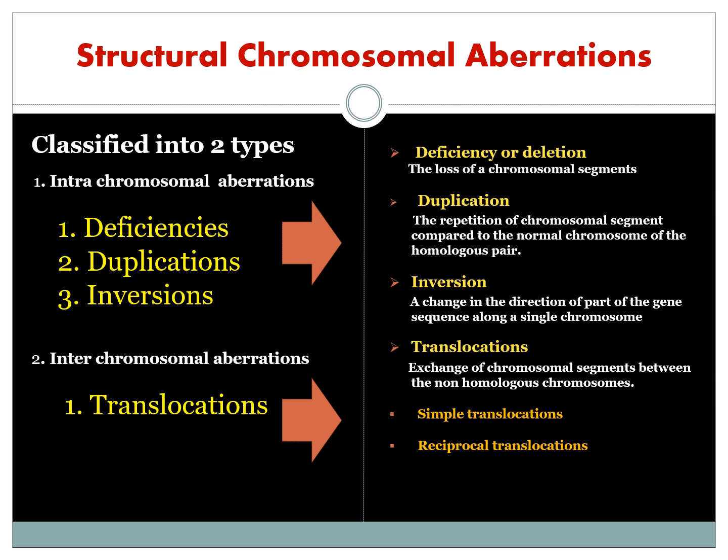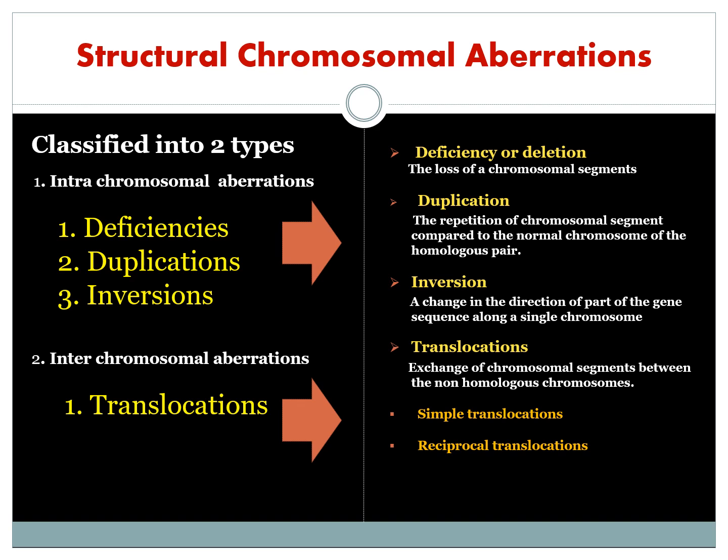These are of three types: deficiencies, duplications and inversions. The second type is interchromosomal aberrations, in which non-homologous pairs of chromosomes are involved. That means 4 chromosomes are involved in creating structural changes.